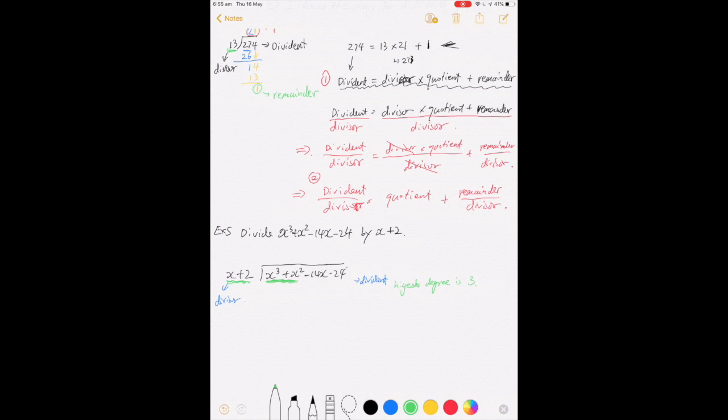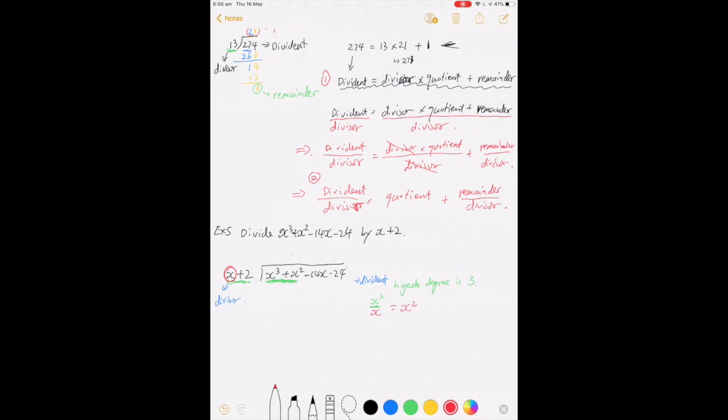So that's why the highest degree is x cubed. So now we're gonna use the highest power term of your dividend divided by the highest power term of your divisor, which is x, so we're gonna divide it by x, and then we'll get x squared.